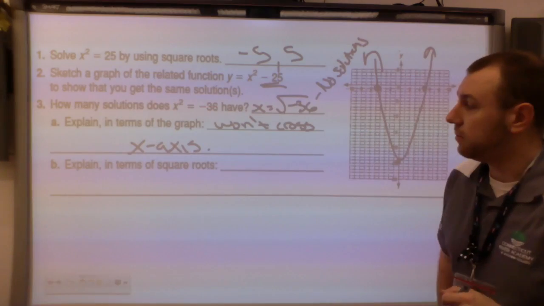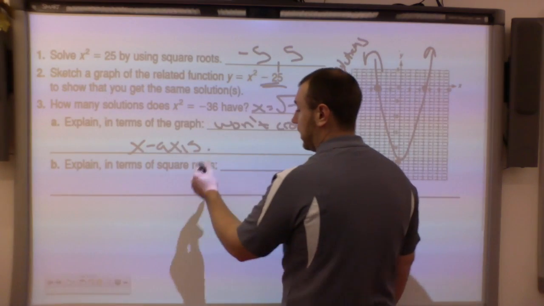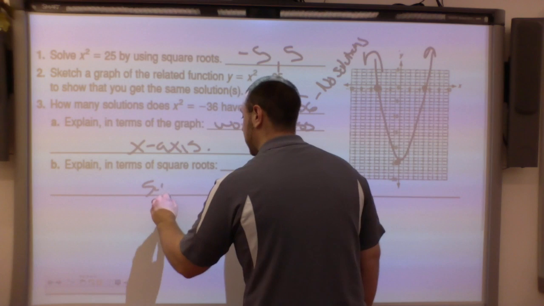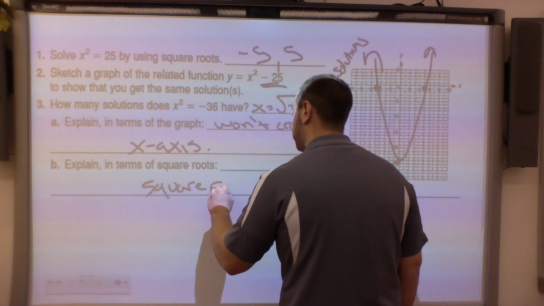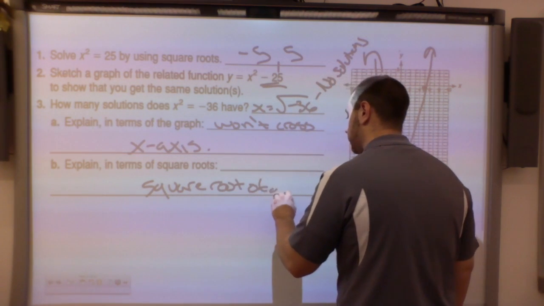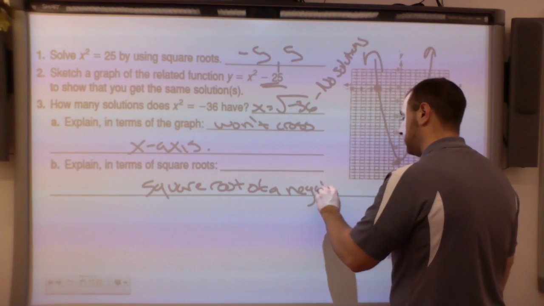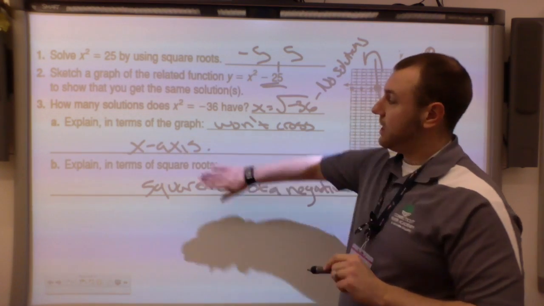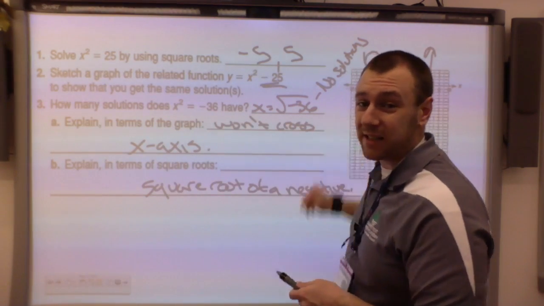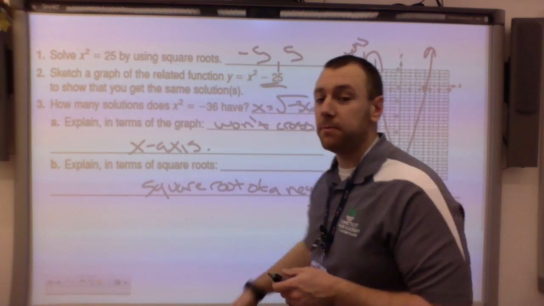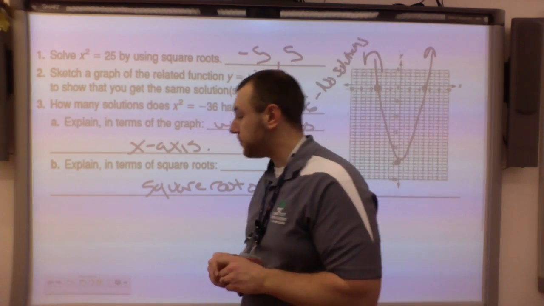In terms of the graph, it's not going to cross the axis, and in terms of the square root, it's going to be a square root of a negative.